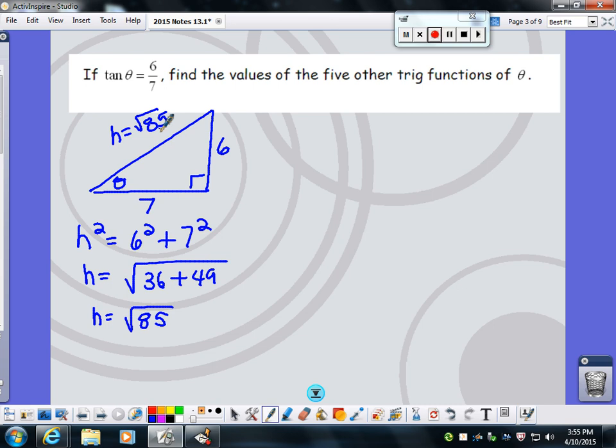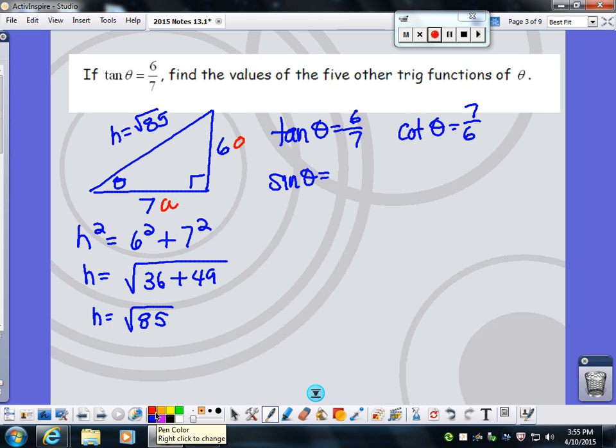All right, so we want the other trig functions. We've got tangent of theta is equal to 6/7, so that means the cotangent of theta is the reciprocal, 7/6. We want the sine of theta. Sine is opposite over hypotenuse, so 6 over the square root of 85.